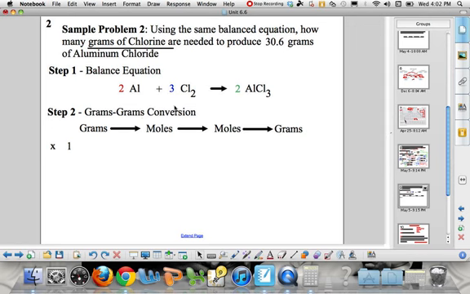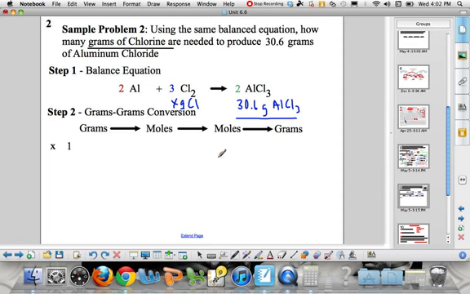It says how many grams of chlorine, so what I'm looking for, I write it down, I'm going to do this one in blue. I'm looking for my X grams of chlorine here are needed, and I want to make 30.6 grams of aluminum chloride. That's what I'm starting with. What we're trying to figure out is, what do I need to have here to make that amount?